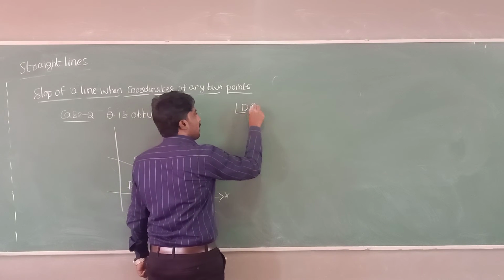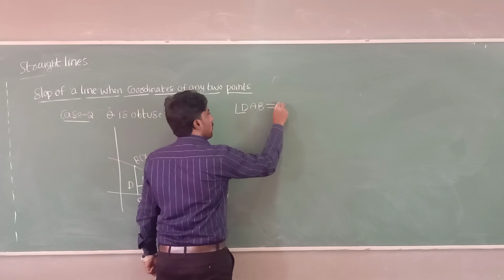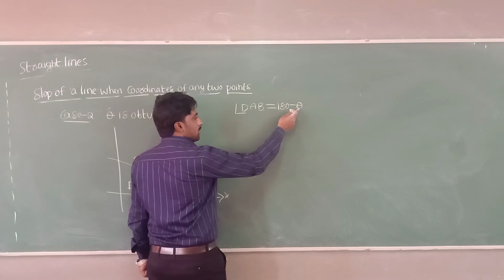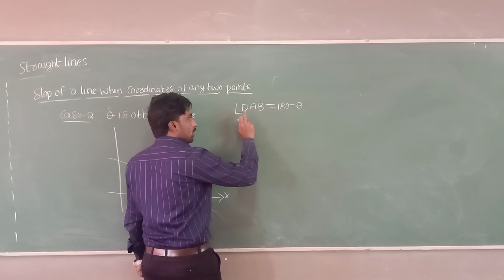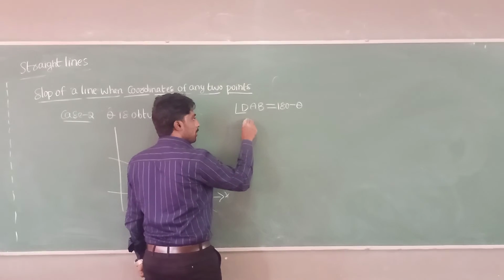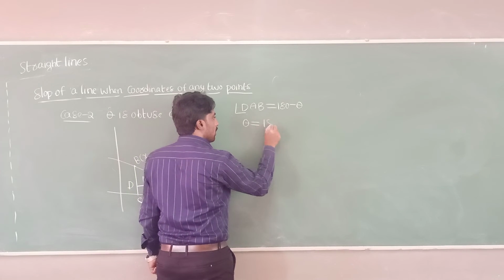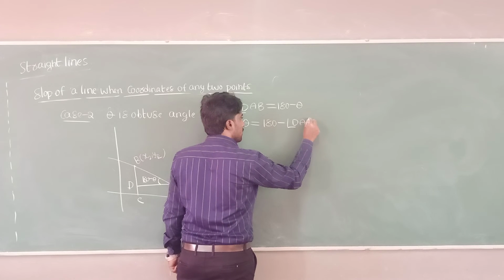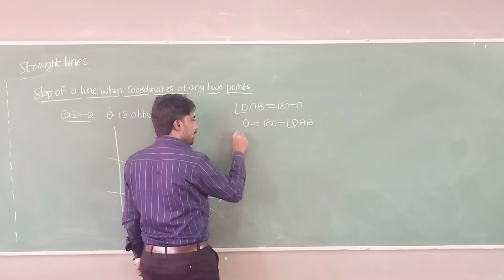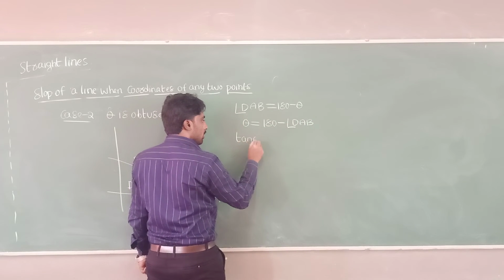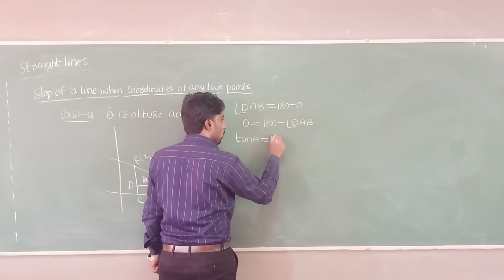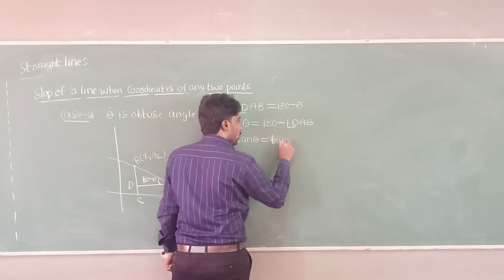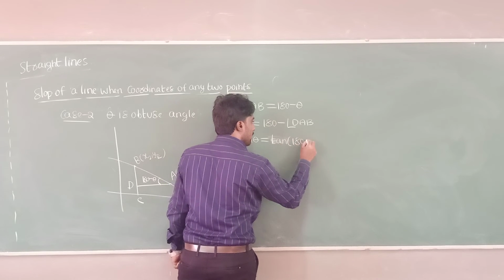If minus theta goes to this side and theta goes to that side, what do I get? Theta equals 180 minus angle DAB. Now if I apply tan on both sides, tan theta equals tan of 180 minus angle DAB.